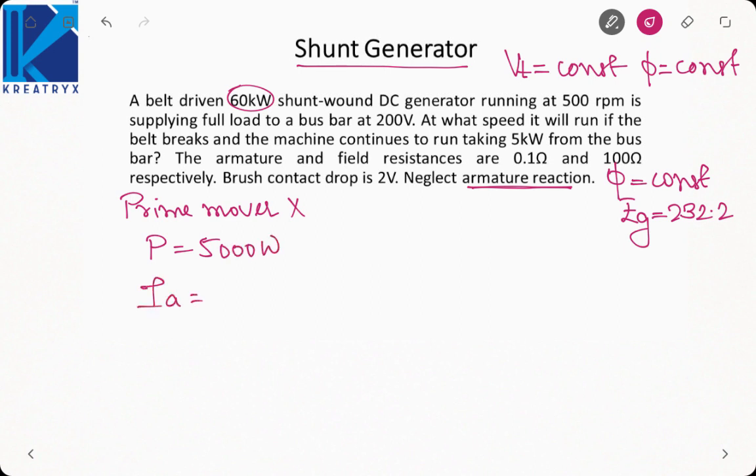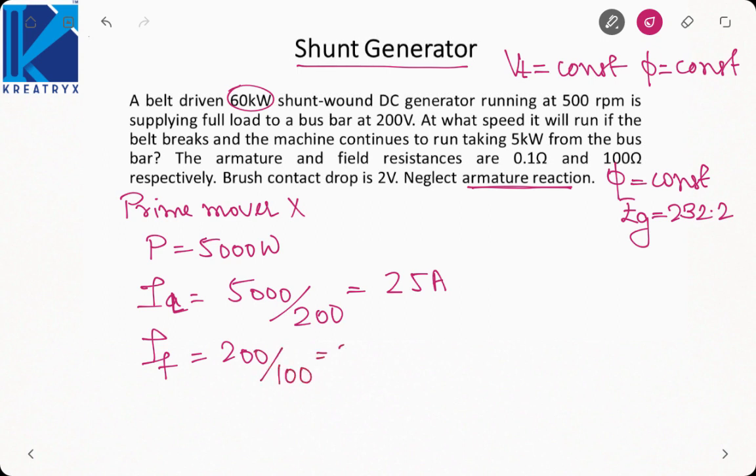So we can calculate armature current, load current. 5000 watt by 200, I am assuming terminal voltage as constant, 25 ampere. Now field current shall remain same because VT is same, 2 ampere.